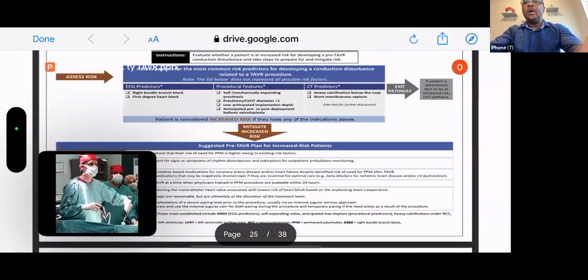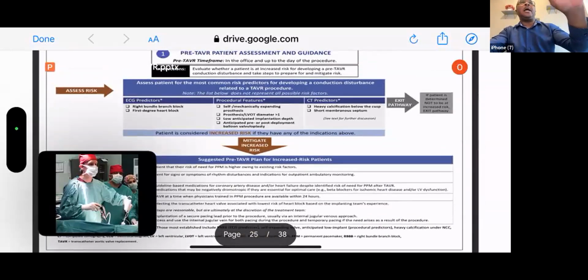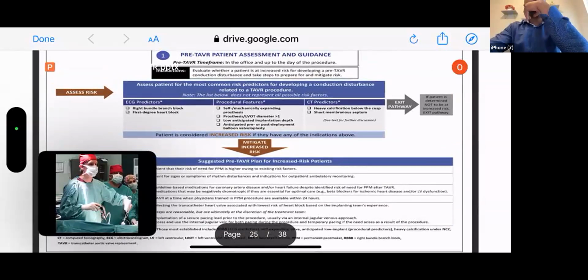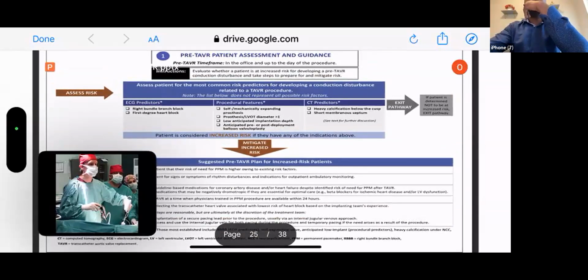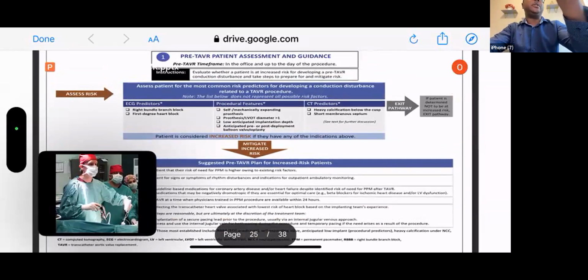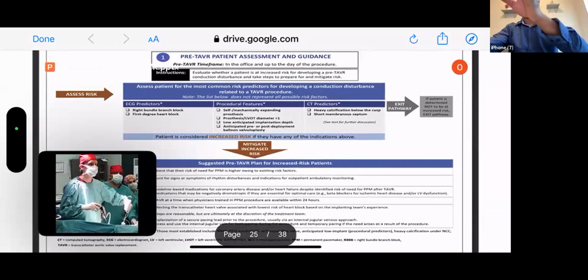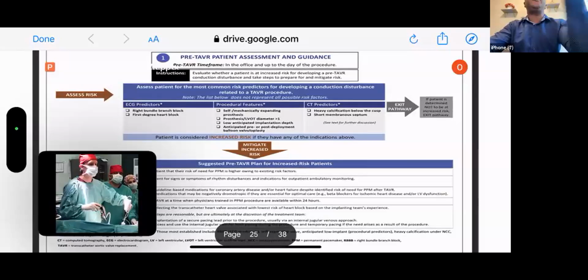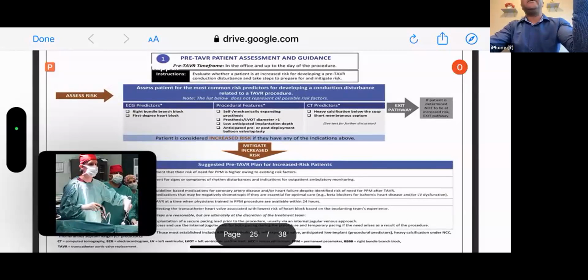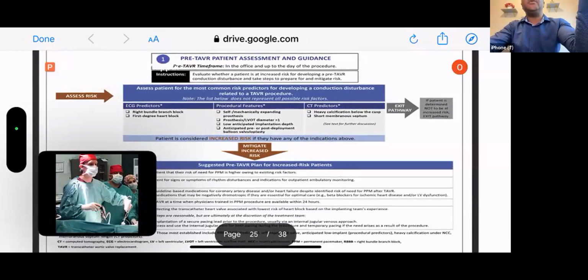All right, so I got this slide from the ACC panel that started in 2019 and published their recommendations in 2020. This is what we do for pre-TAVR patients. If a patient has high-risk features, they divided these into ECG predictors, procedural features, and CT predictors. If they have a prior right bundle branch block or first-degree heart block, these patients are at increased risk.